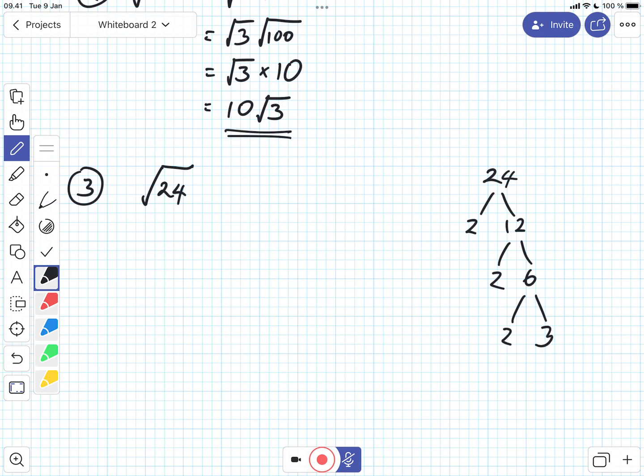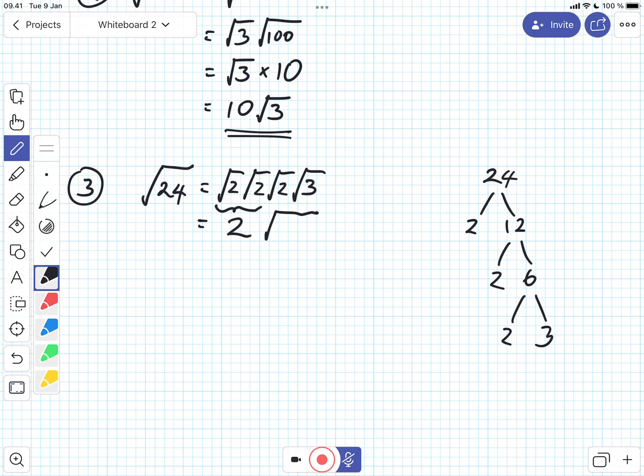So the square root of 24 is the same as the square root of 2 times the square root of 2 times the square root of 2 times the square root of 3. So we've got some matching 2's there. So the square root of 2 times the square root of 2 there equals 2. And then we haven't got any other matching ones, so we're just going to have to bunch those up into a single square root.